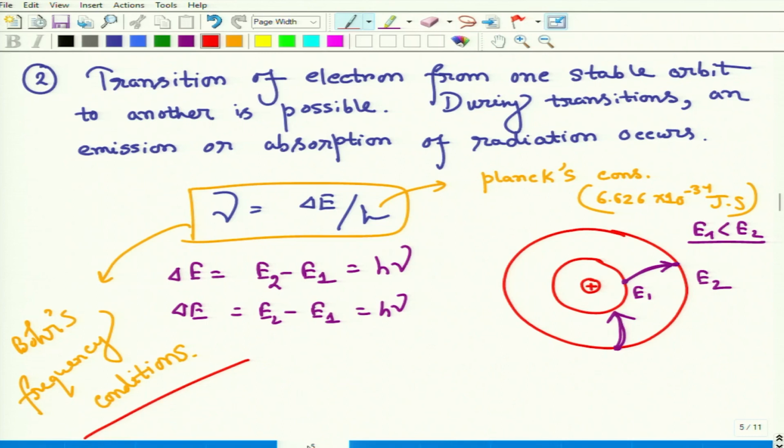Essentially there will be no continuous spectra, because we have already discretized the energy levels by imposing the restriction on R. We will discuss these things in the next class, but this is Bohr's frequency condition.